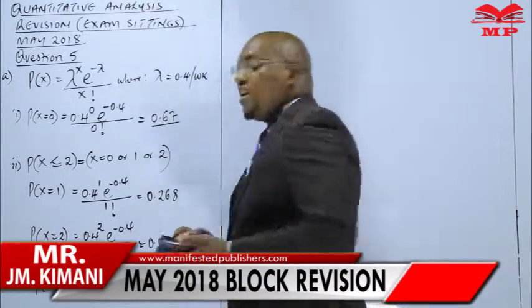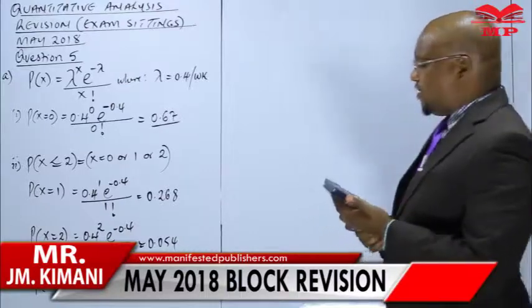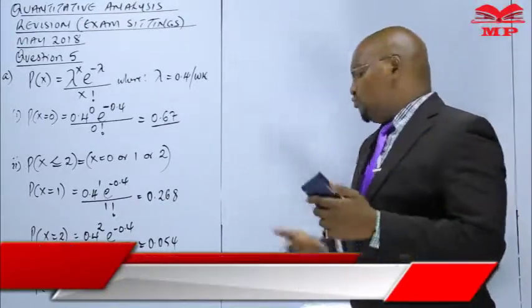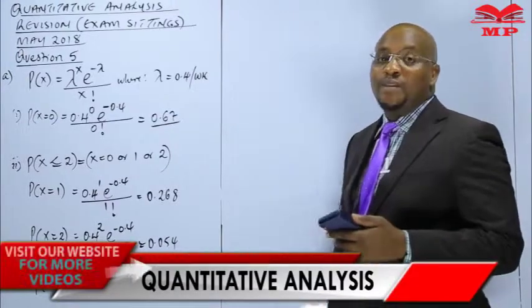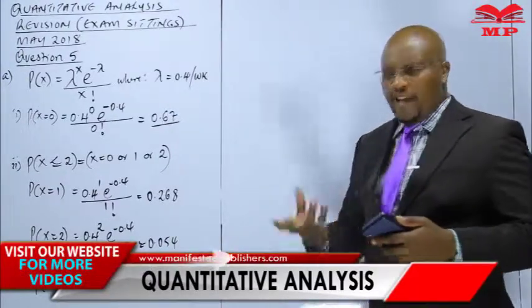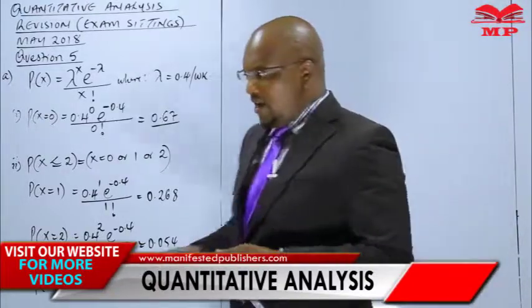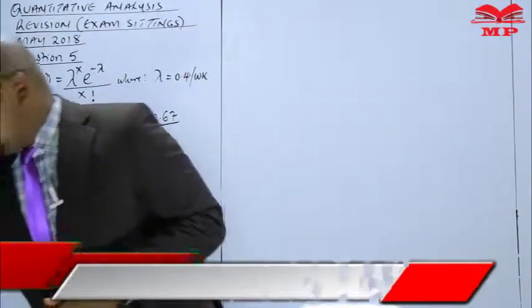There is a very, very high chance that not more than 2 shall be struck, only a maximum of 2. So almost 100%. There's no cause for worrying that we can have so many transformers being struck. And that's all about part A. Then part B.